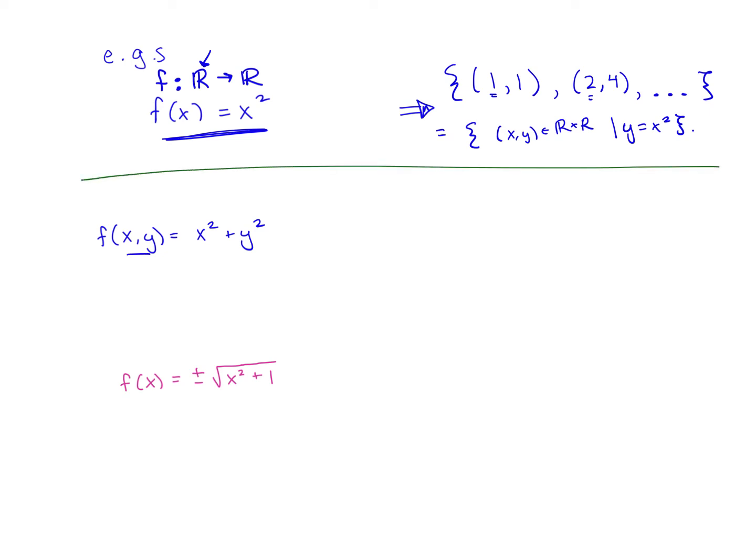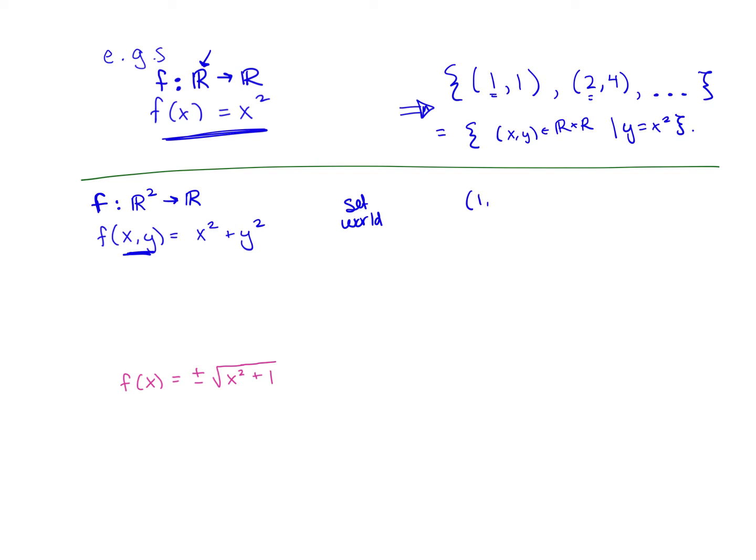Okay. Now for my second one here, my second f, we have a function that's taking in two things. So this f is actually going from R^2 and it's outputting 1. So this function is a multivariable function. It's going from R^2 to R. So then if I want to write that guy in set world, I'm going to take in two things, x and y.